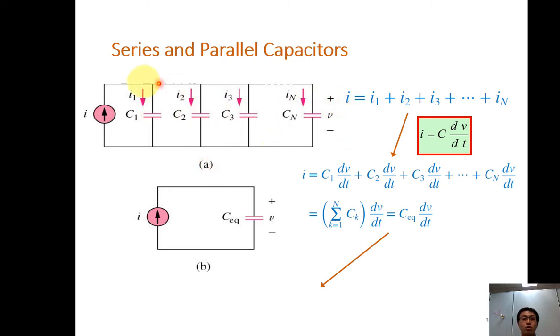So my I equals I1 plus I2 plus I3 plus up to In. And I know that I equals C dV/dt. So I put I1 with C1, I2 with C2, I3 with C3, In with Cn. And I know that my dV/dt is the same.